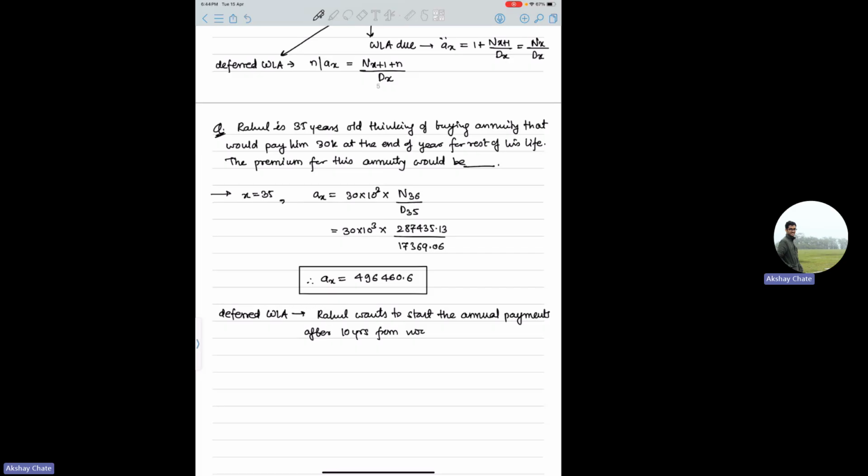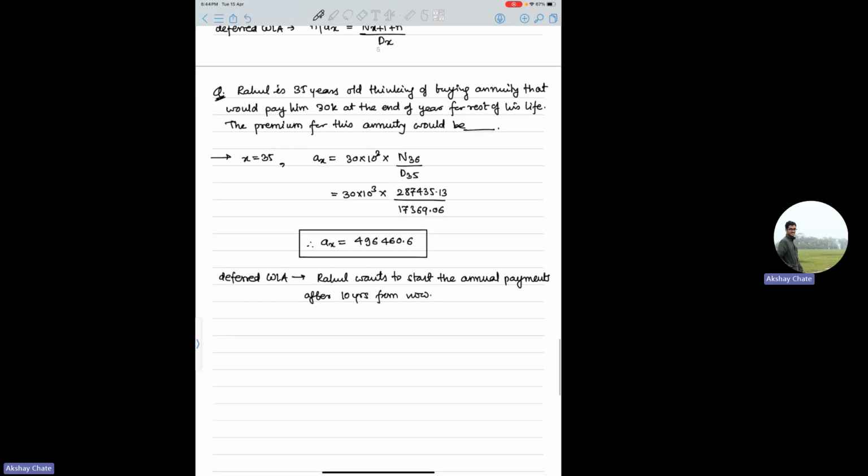Right now he is 35. Let's say he doesn't need the annuity to start right now. He has other income streams, but he wants the income to start after 10 years, that is at 45.